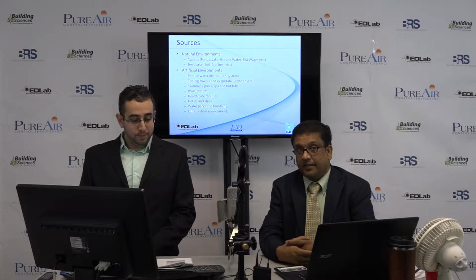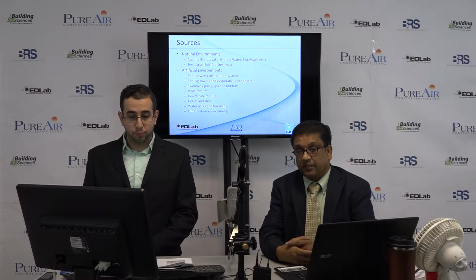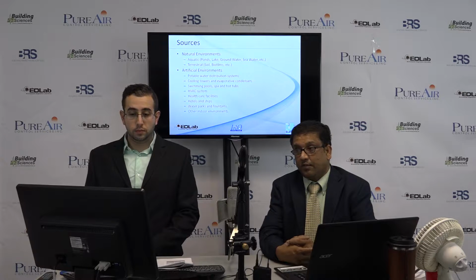The artificial environment is the one which we need to be careful about, because this is human design, and how the building is designed has a lot to do with that. We will be discussing the artificial environment precisely a little later in this presentation. But basically the potable water and distribution system is one of the major sources where this bacteria can flourish.